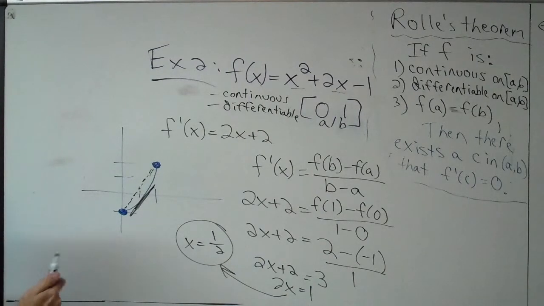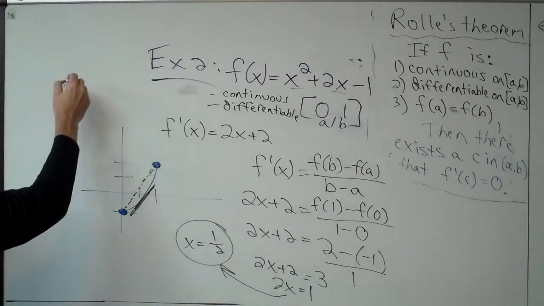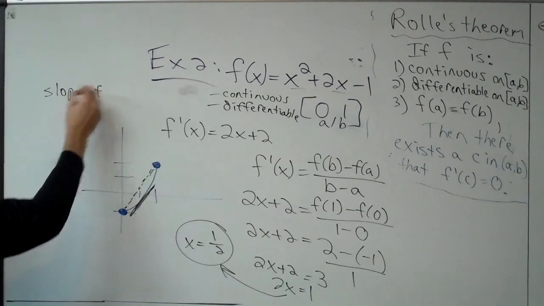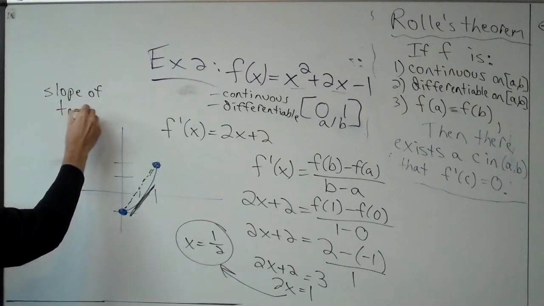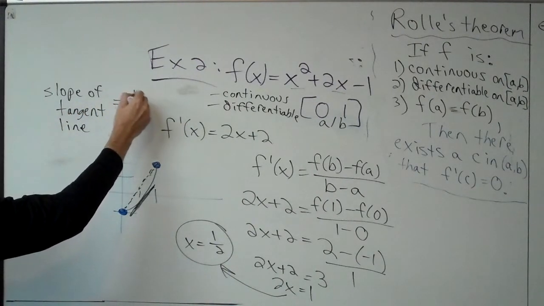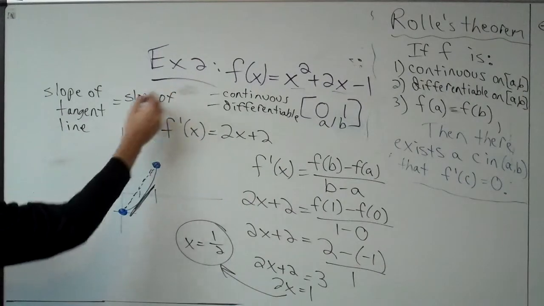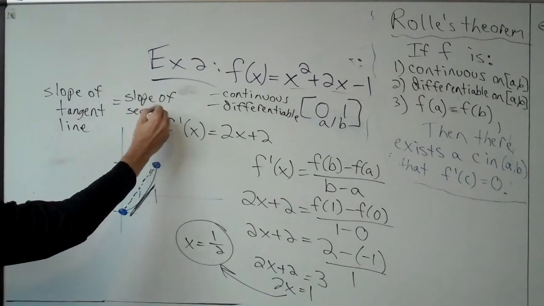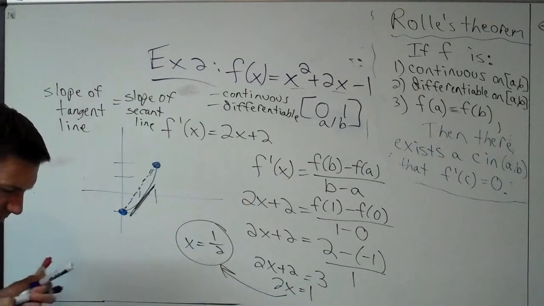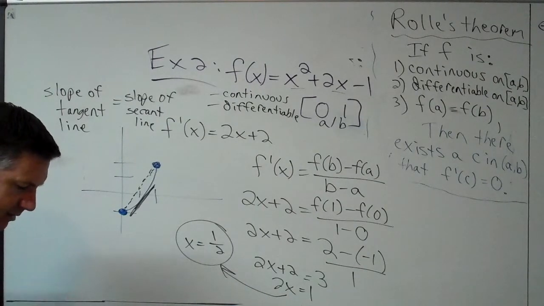And that's what the mean value theorem says. It says there is a spot where the slope of the tangent line equals the same as the slope of the secant line. Okay, so that's really the gist of the lesson.